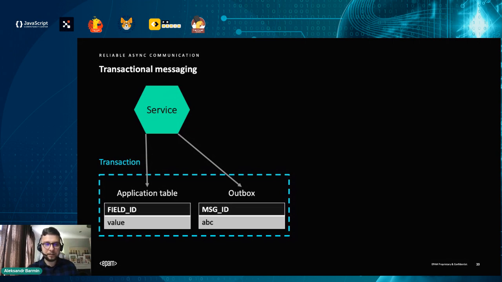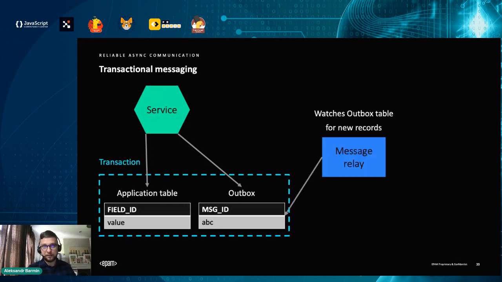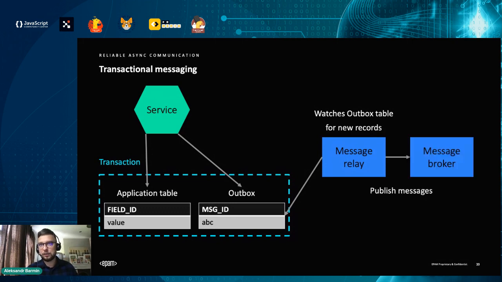As soon as some business transaction is executed, instead of sending the message directly, we're saving it to the outbox table. Next we have a message relay, which polls the table for new records, or for example watches this table, or it may listen to a particular database trigger. And next this message relay is actually sending the message to the message broker.